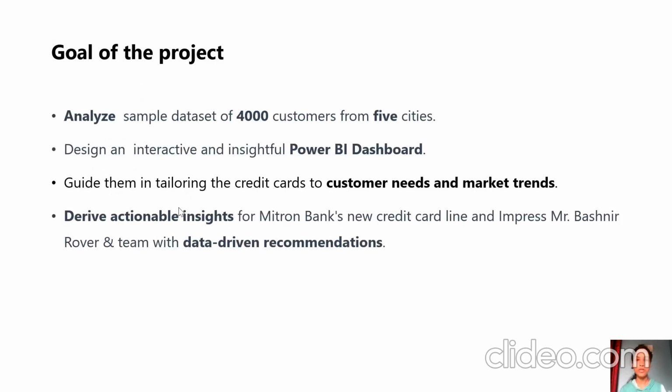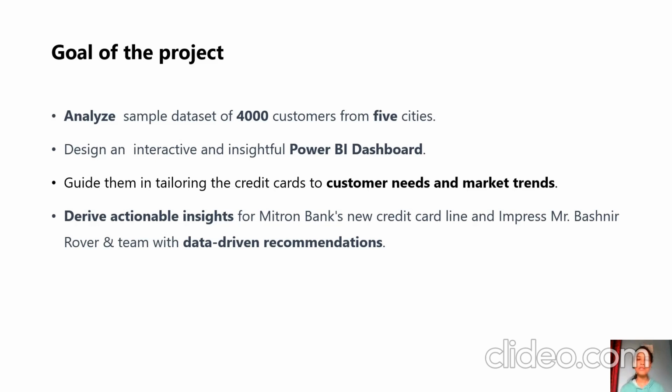Okay, the goal of the project. Mitron Bank has given a 4,000 customer data set across 5 cities. First, I analyzed those data sets, and then I came up with a Power BI dashboard, which is interactive and insightful.